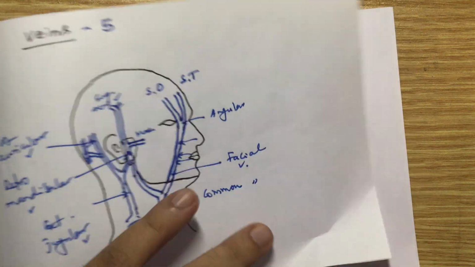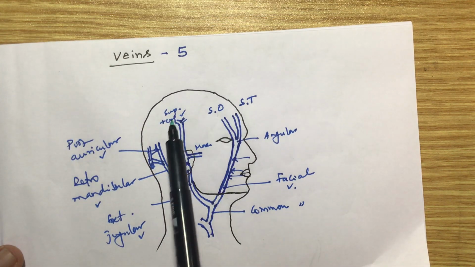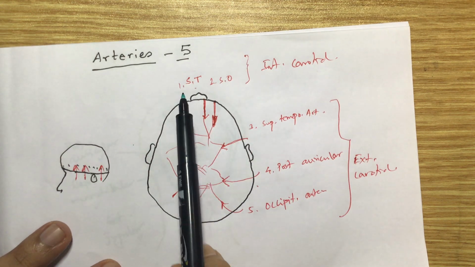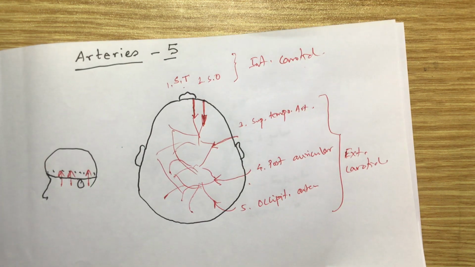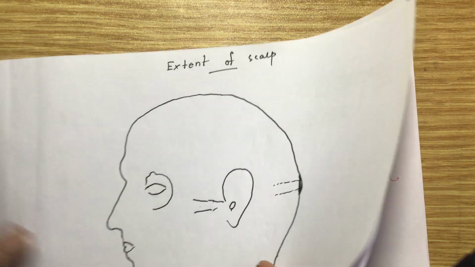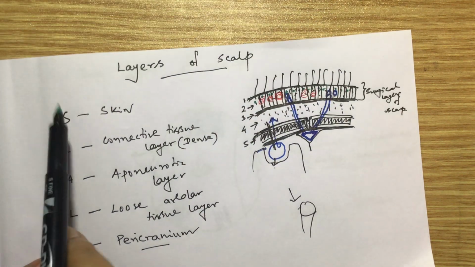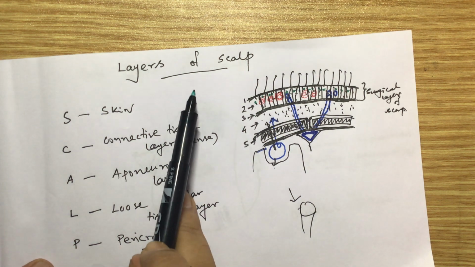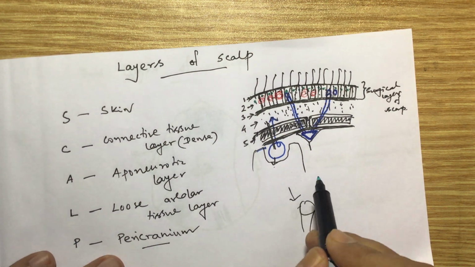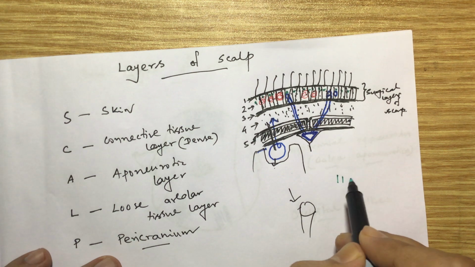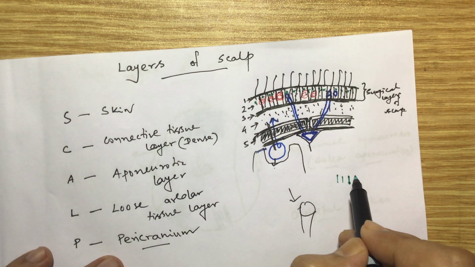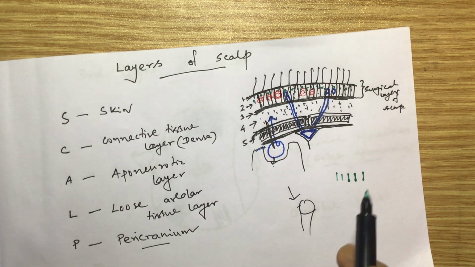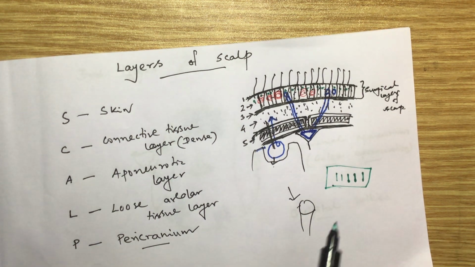Then we have seen there were 1, 2, 3, 4, 5 veins. We have seen 1, 2, 3, 4, 5 arteries, and even earlier we have seen that there are 1, 2, 3, 4, 5 layers. So 5 layers, 5 arteries, 5 veins, 5 nerves in front of the ear and 5 nerves behind the ear, and these also are 5.